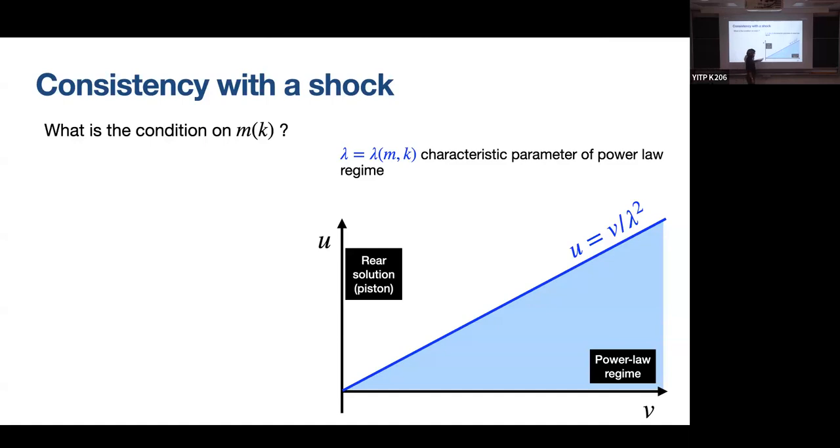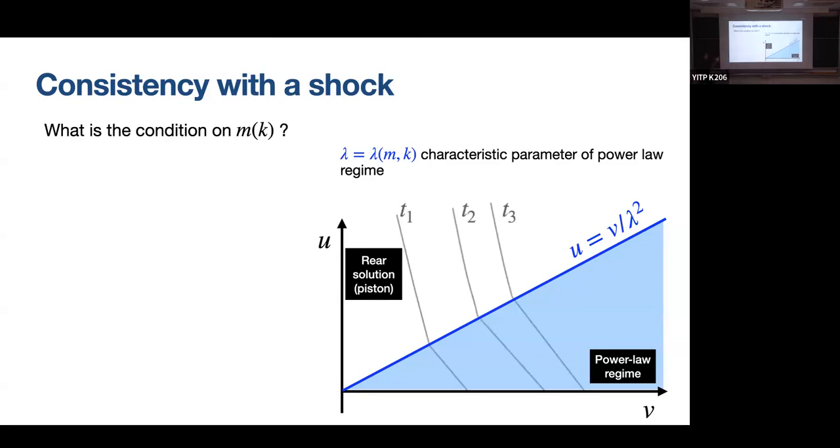And for each lambda, we can plot this line here, where U is equal to V over lambda squared. That just characterizes the boundary between where the solution would agree with the power law asymptotic and the part of the solution that would contain the piston.